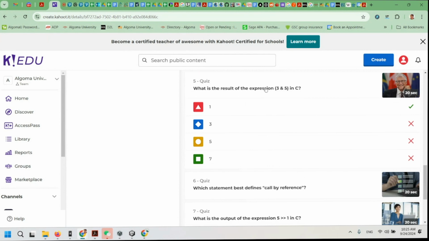Hopefully not. Anyone try? What is that? Oh, actually, it might be. So 3 is 0, 0, 1, 1. 5 is 0, 1, 0, 1, right? So if you do the AND operation of those, you will end up with 0, 0, 0, 1. Is that right? Yeah. But it takes a while to figure out.